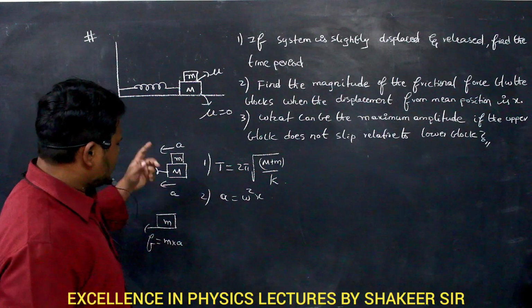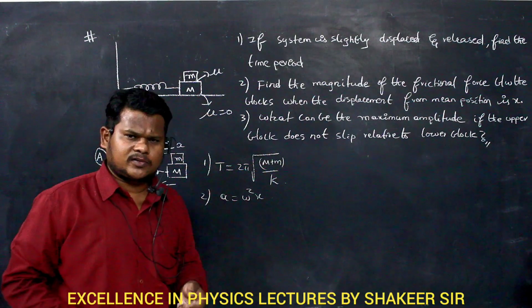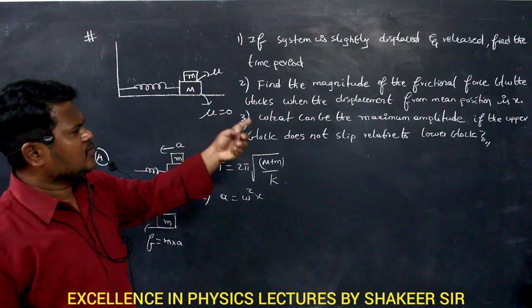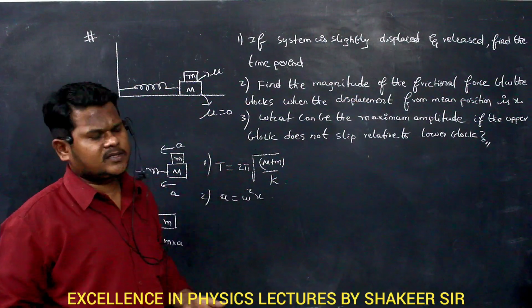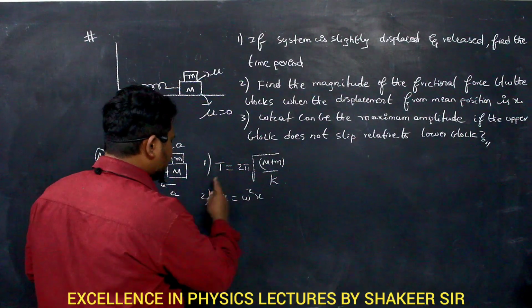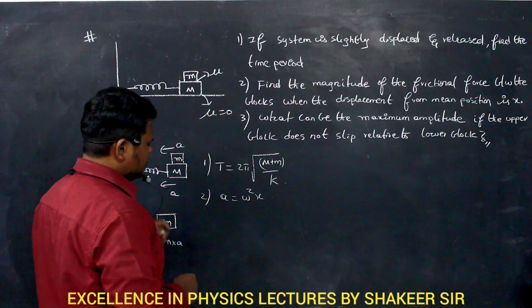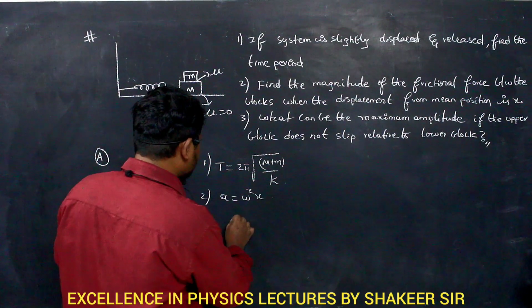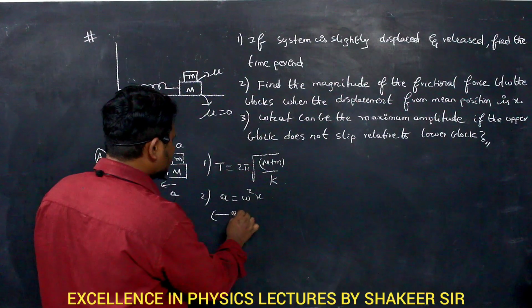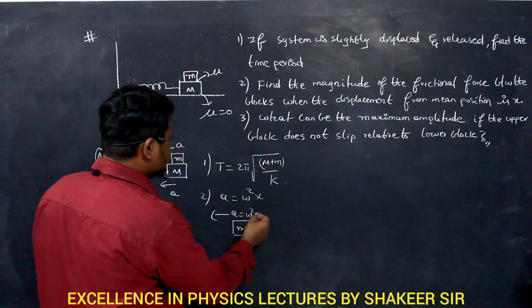Clear? Then small m also should move with the same acceleration, no? Small m also should move with the same acceleration. And again, who provides that acceleration? That acceleration is again provided by friction only. Clear? So therefore, if I write this small m, it should move with an acceleration of a equal to omega square into x.